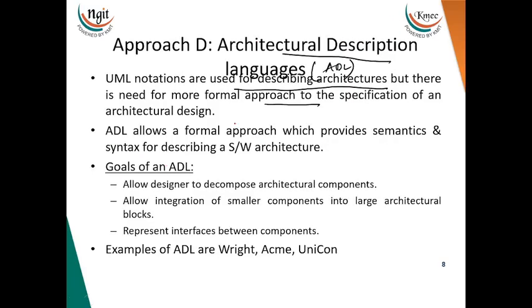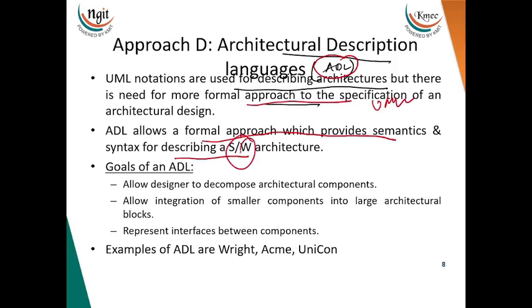The next point is the architectural description language, ADL. It is a notation, like how UML notation is used. It provides a formal approach that gives semantics and syntax. What do we mean by semantics? Meaning: what is the meaning of it, and what is described in the syntax?